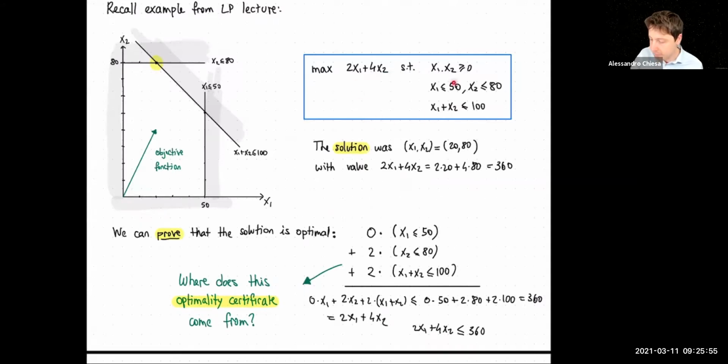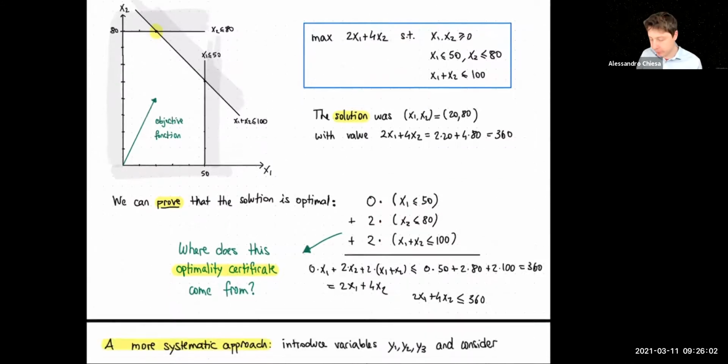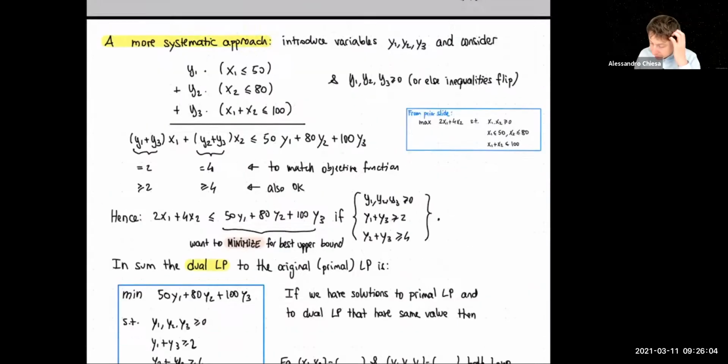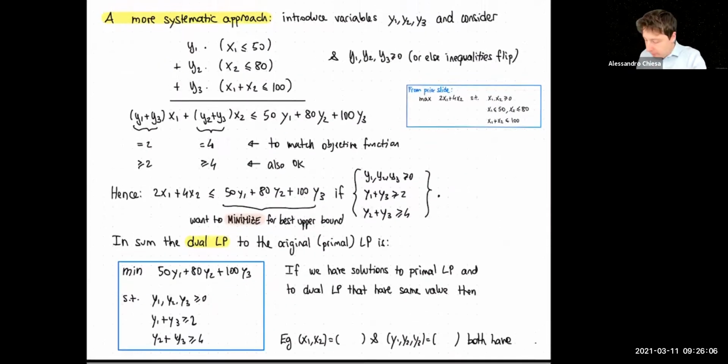This one over here, okay? Then one solution to that one that is optimal is this one. And in this case, not only was it an upper bound, but it actually matched. So in other words, if we have solutions to the primal LP and the dual LP that have the same value, then they are both optimal.